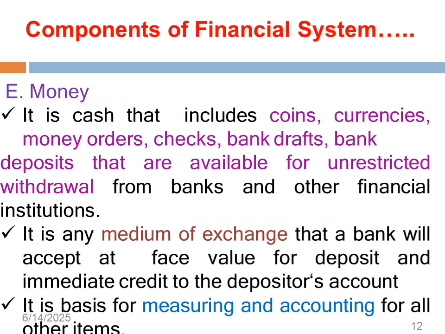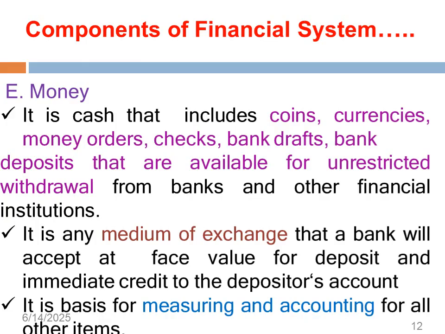Money is cash, or it is the same as cash. That includes coins or currencies, money orders, checks, bank drafts, and bank deposits that are available for unrestricted withdrawal from banks and other financial institutions. It is any medium of exchange that a bank will accept at face value for deposit in the immediate credit to depositors' accounts.